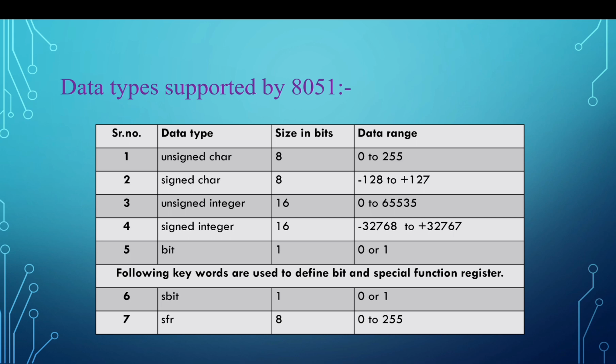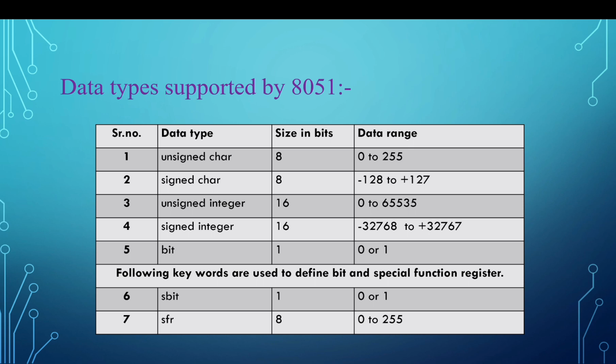These 16 RAM locations are bit addressable, which means a total of 128 bits are bit addressable. And these bits range from 00H to 7FH. So the address of a bit type variable in RAM ranges from 00H to 7FH.